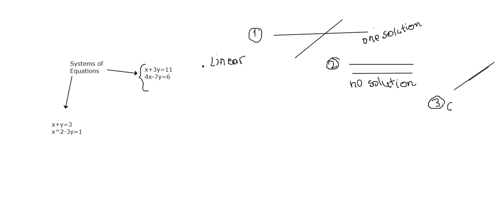We have coincident lines, exactly the same line. In this case, we will have infinitely many solutions, because we have the same line repeated two times.